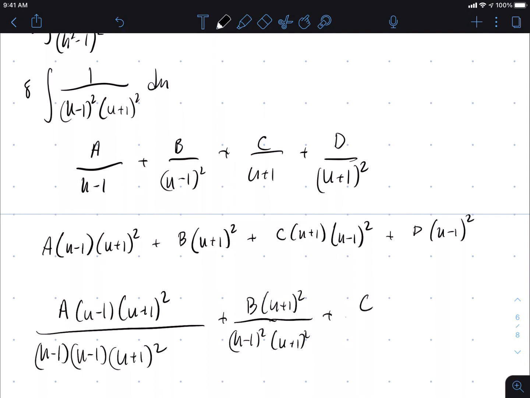For C, you have u plus 1. You need a u plus 1, but you also need u minus 1 squared. So I need u plus 1 and u minus 1 squared. Do you see that? Yeah. And then obviously the D would be the same thing.